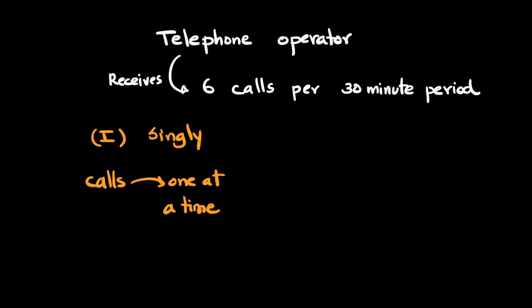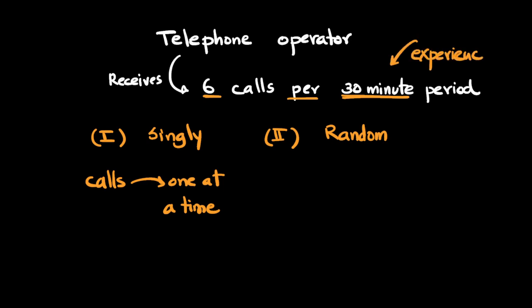What about the second condition? That is occurring at random. Yes, there are 6 calls that are coming within a 30-minute period, and this they have found from their experience, their past records. It does not necessarily mean that every 5 minutes the telephone operator will be receiving a call.